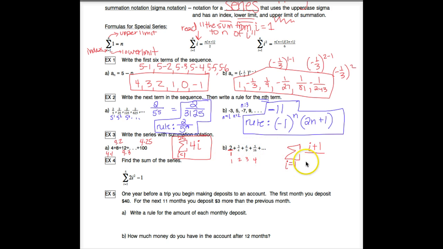Hopefully you recognize those as squares. So this is i squared. Now, there was no last term, which means this is an infinite series, which means that our upper limit gets a pretty infinity sign. And look at how fancy and grown-up math that looks. So there is our series.